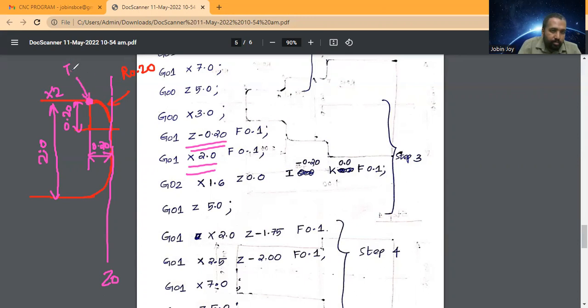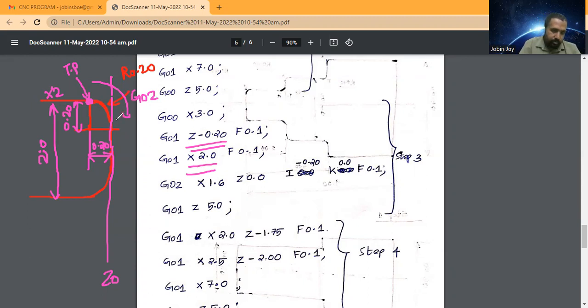I will write TP, which means tool's position. That means X is equal to 2, and the Z value is minus 0.20. Then the tool will make an arc here. That means the tool will move like this. That is called circular interpolation in the clockwise direction. That is G02.